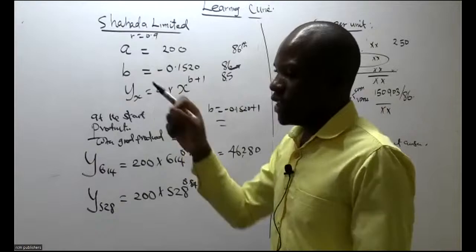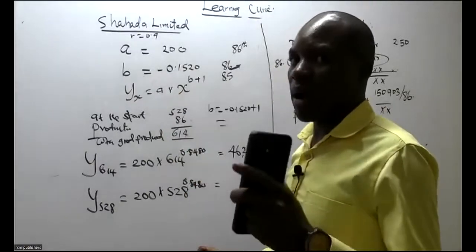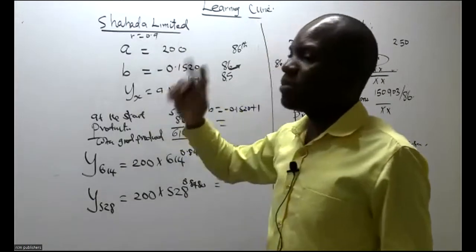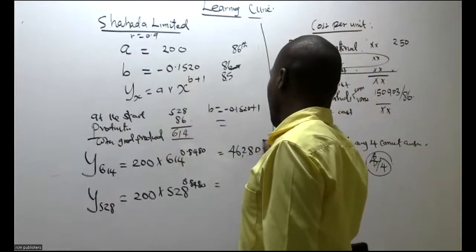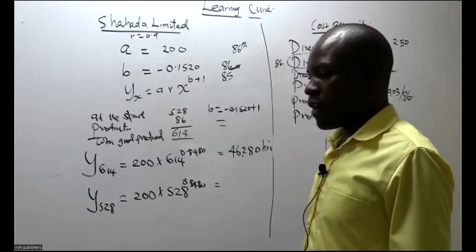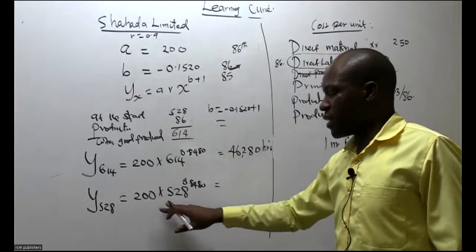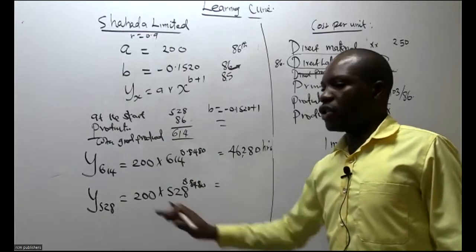The other question which we just did up there, we were given the labor cost per unit. Here, we were given the labor hours per unit. So this one here will not be shillings, but hours. Let's go to the second one, 528.